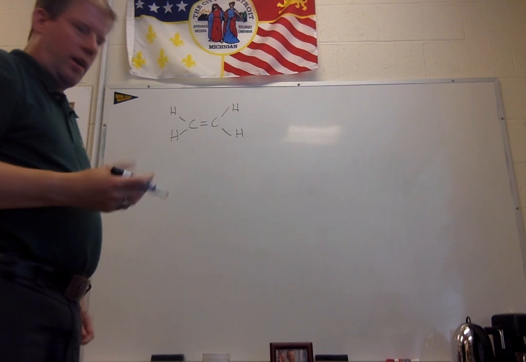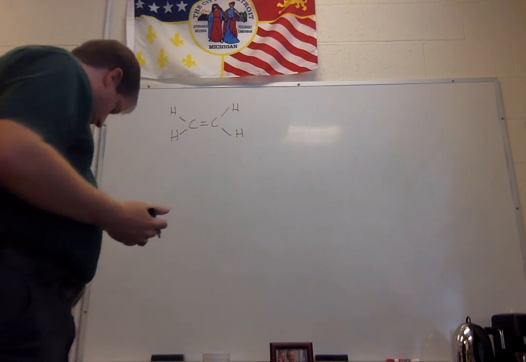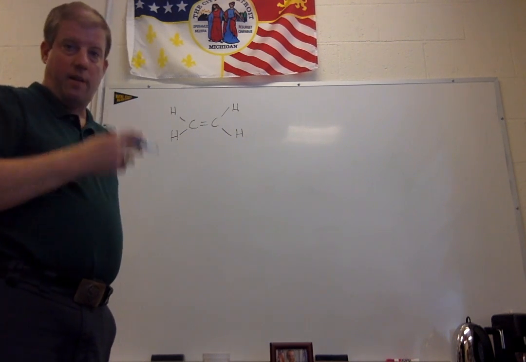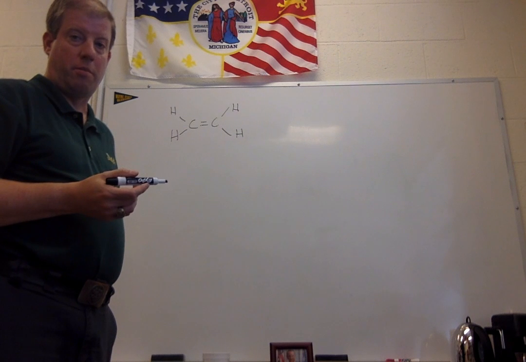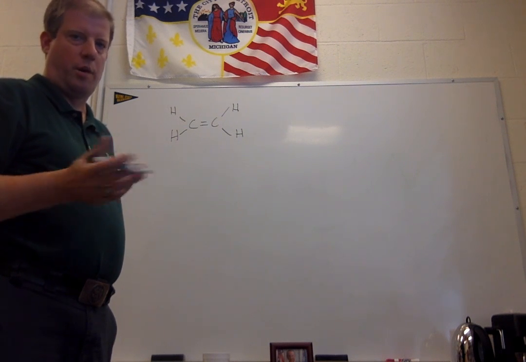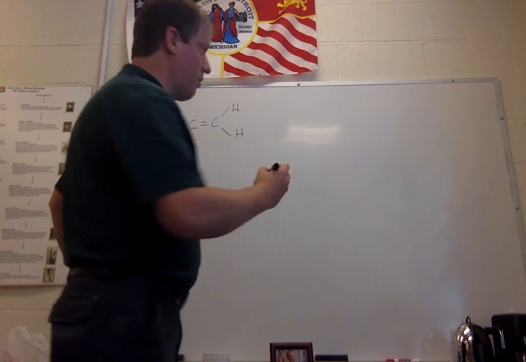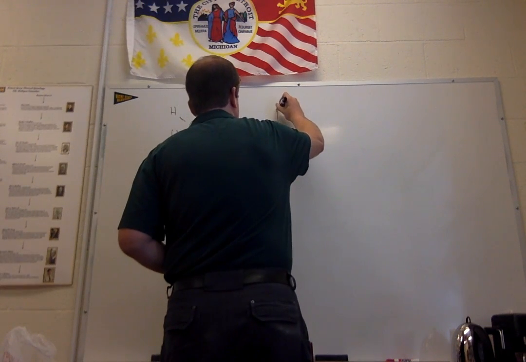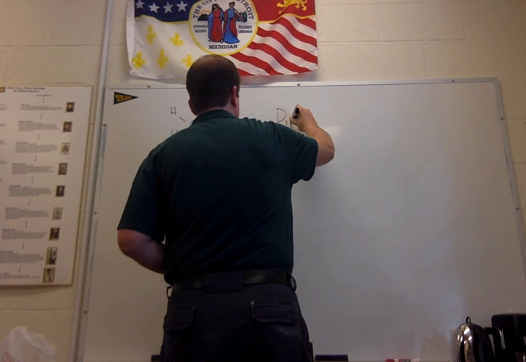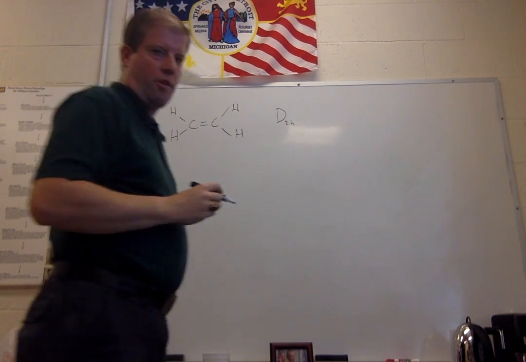What we've got to do first, before anything else, is identify the point group of this. I've already gone through all these kinds of things, and so you can find that the symmetry of this molecule is D2h.